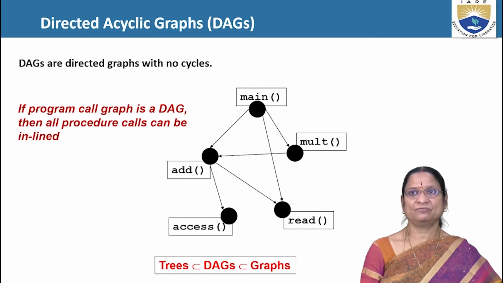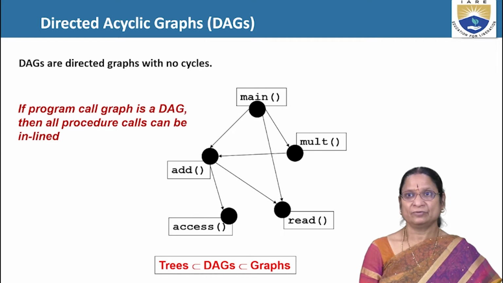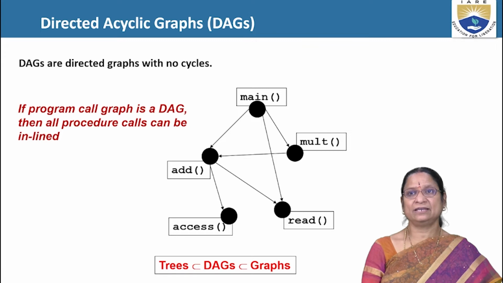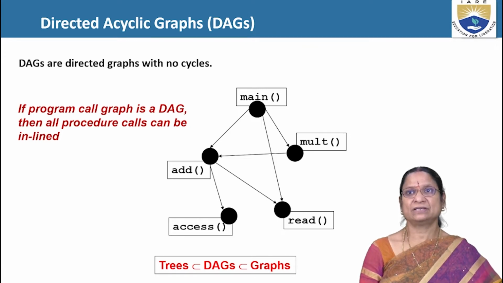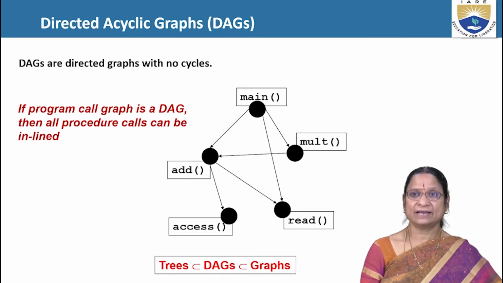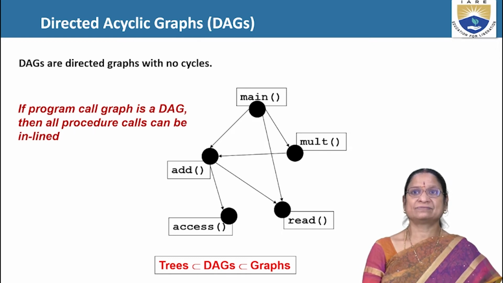For example, the main function may be invoking multiplication, addition and reading also. In other terms, add is internally invoking access. Multiplication is again accessing add actually. So trees are going to be considered as subsets of directed acyclic graphs.